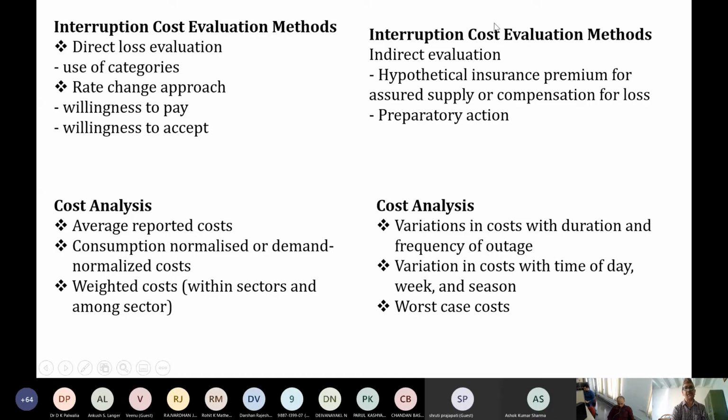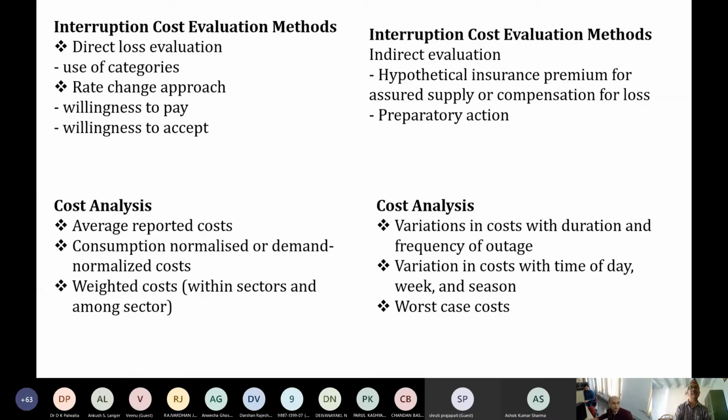And in interruption cost evaluation methods, there is indirect evaluation. As we already mentioned, there is a hypothetical insurance premium for assured supply or compensation for loss. So if you are to get some insurance, why do you need insurance? Because of electricity supply interruption, your product will be lost, or you will incur losses in other forms.